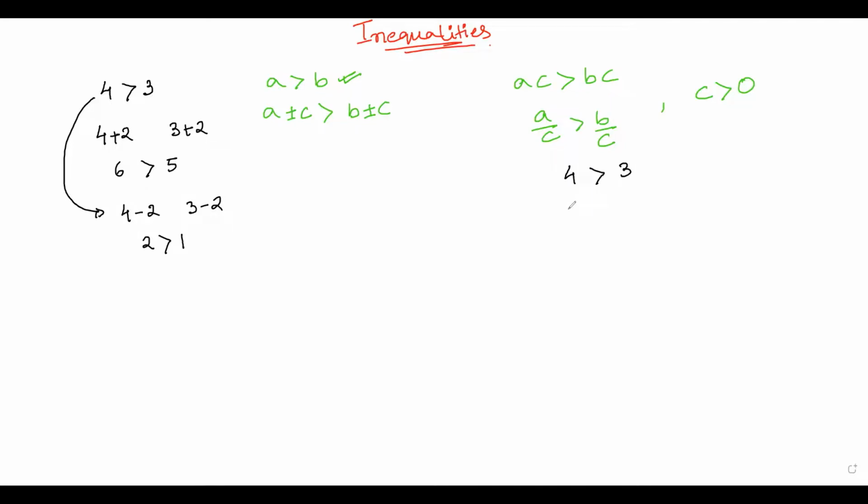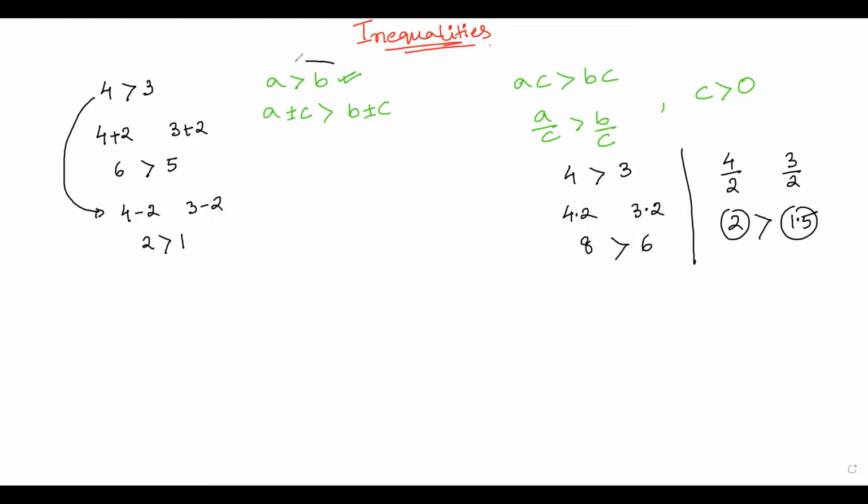So if we multiply 2 to both sides, this would be 4 times 2 and this would be 3 times 2. So this would be 8 and this would be 6, and we know that 8 is greater than 6. In a similar way, if we divide 4 greater than 3 by 2, this would be 4 by 2 and this would be 3 by 2. We know 4 by 2 is 2 and 3 by 2 is 1.5, and 2 is greater than 1.5.